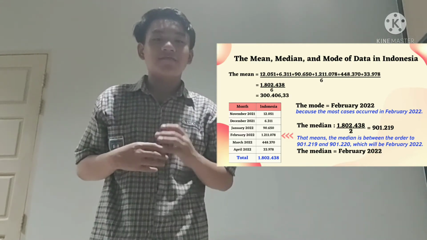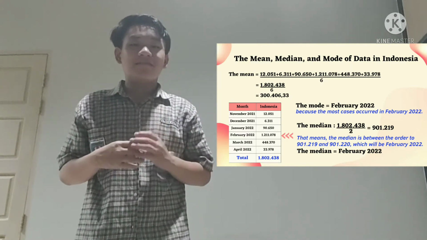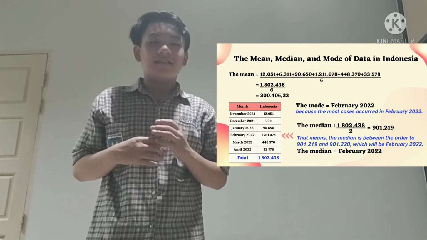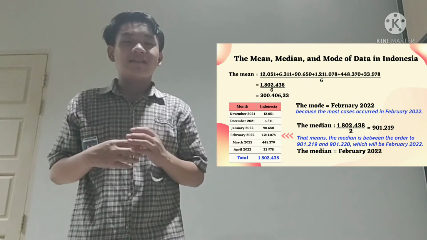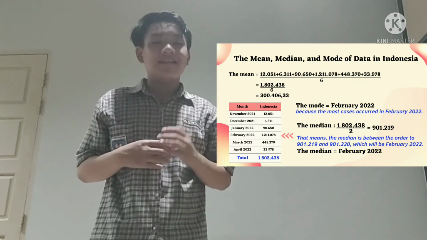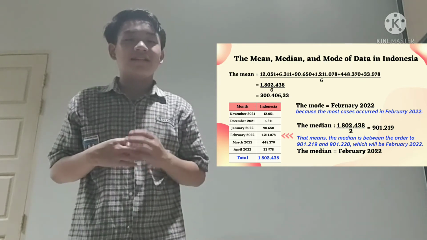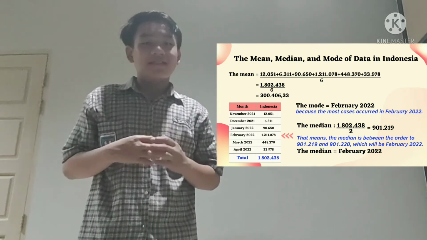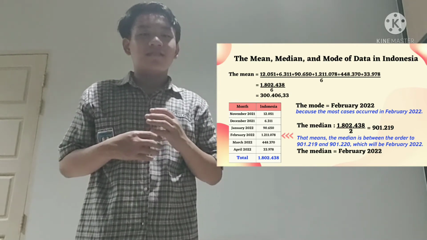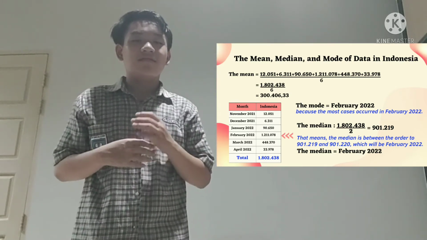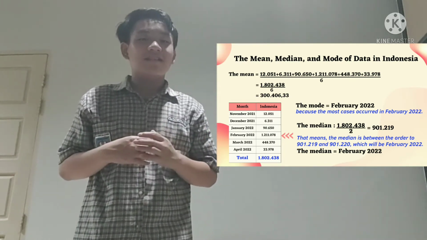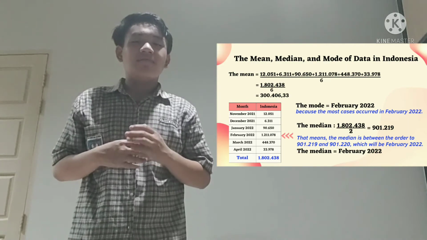We just have to sum it all, then divide it by 2, which leads us to 1,802,438 divided by 2 equals 901,219. That means the median is between the order of 901,219 and 901,220, which will be February.